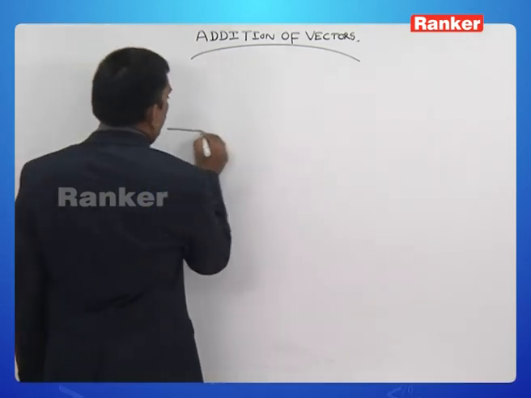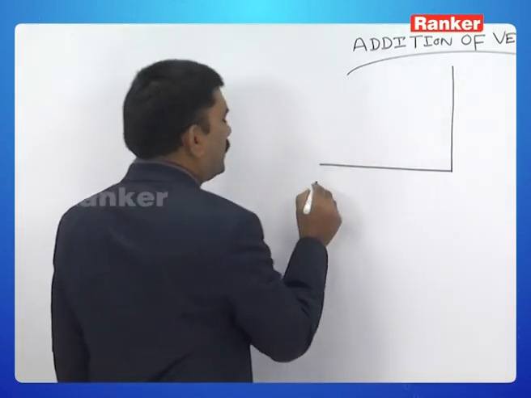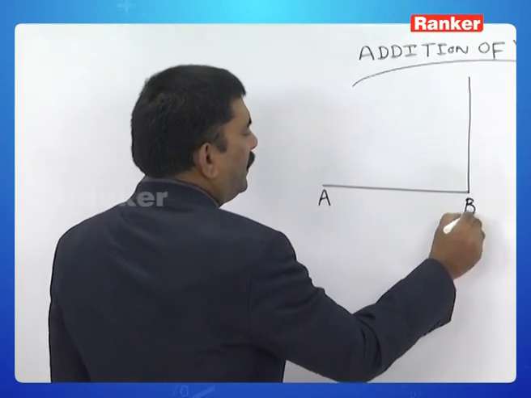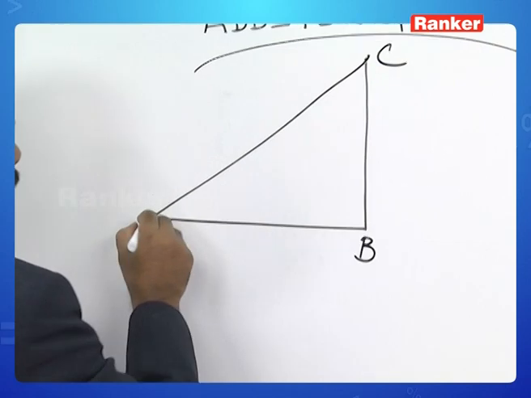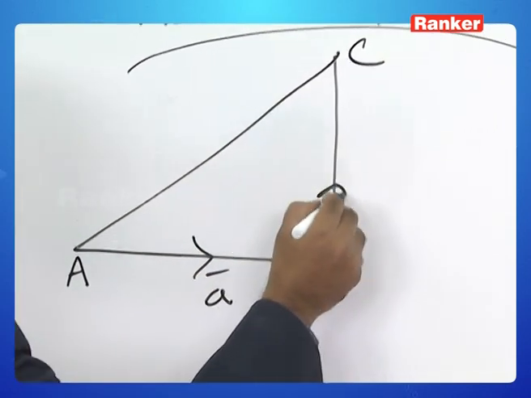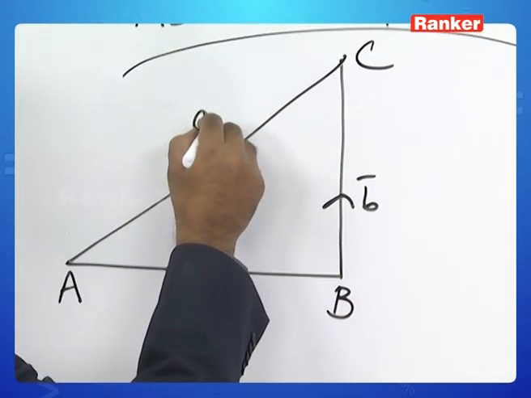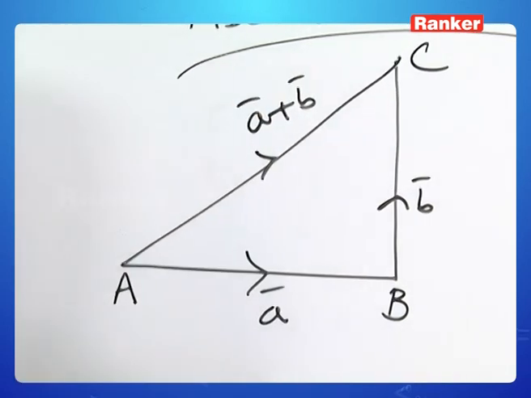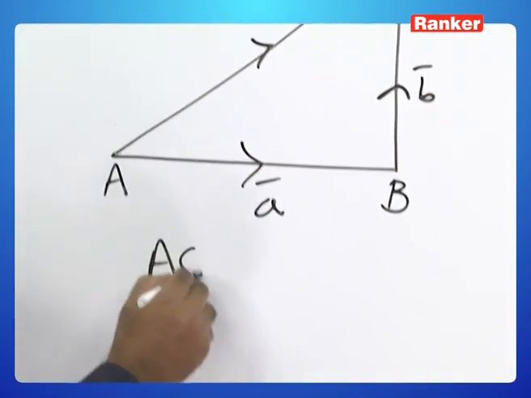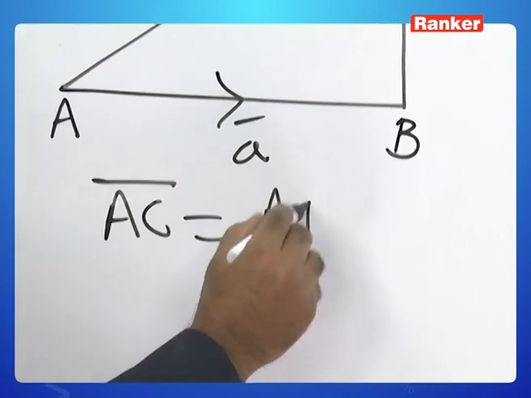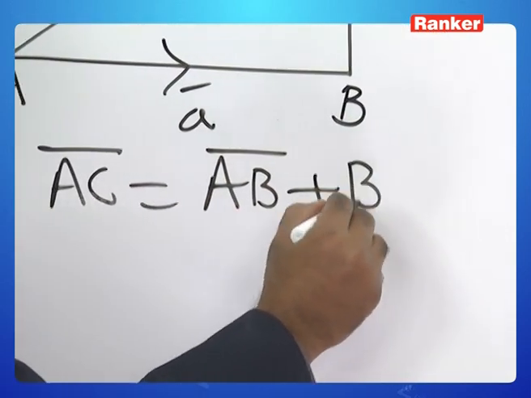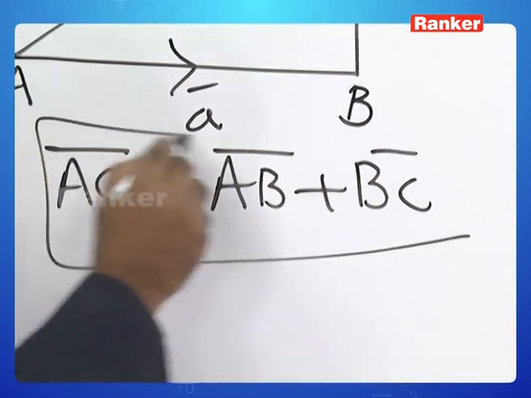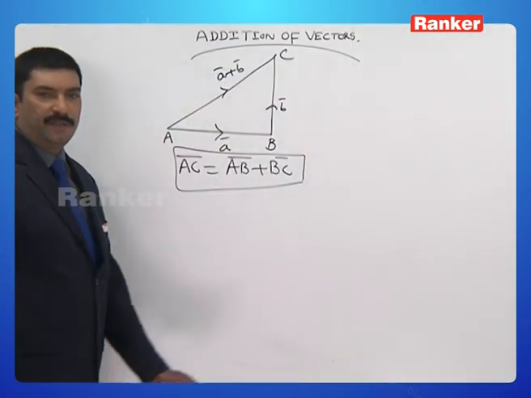If I take this one as A, this as B, and this as C, this is A bar, this is B bar, then this is nothing but A bar plus B bar. That is, AC bar is equal to AB bar plus BC bar.